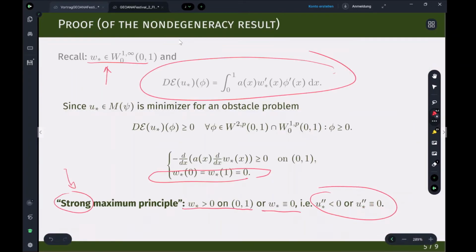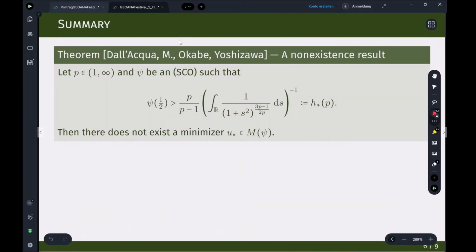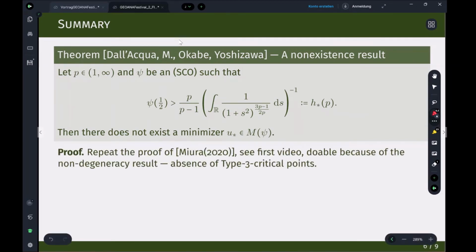So we have proven now the non-degeneracy result, and now this non-existence result is an immediate consequence if we put together what we learned in the last two videos. Since I have no type 3 critical points, I can repeat the proof that we saw in the last video, because there I again have to only analyze this gamma star p, which basically has the same properties as gamma star in the case of p equals 2.